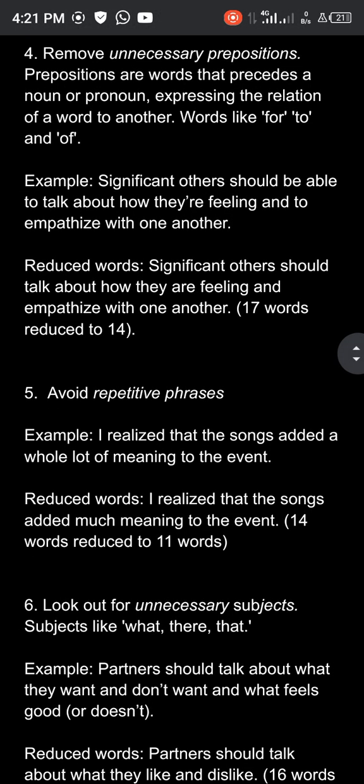We have an example: "Significant others should be able to talk about how they are feeling and to empathize with one another." To reduce that, you can say, "Significant others should talk about how they are feeling and empathize with one another."